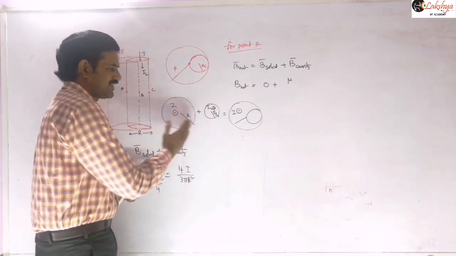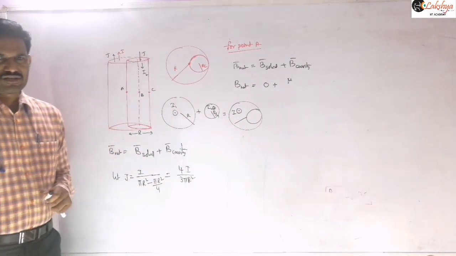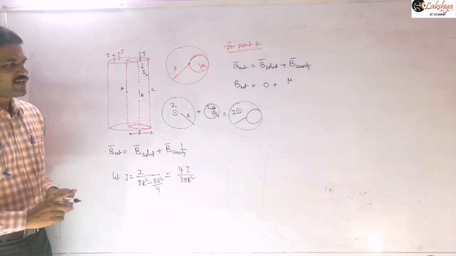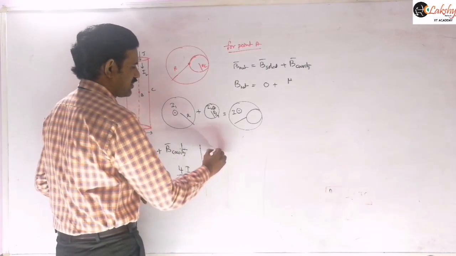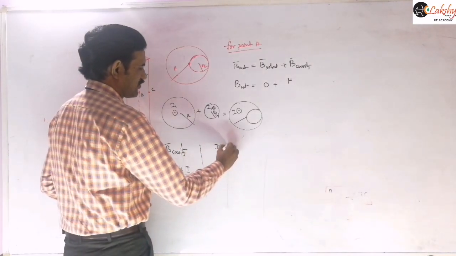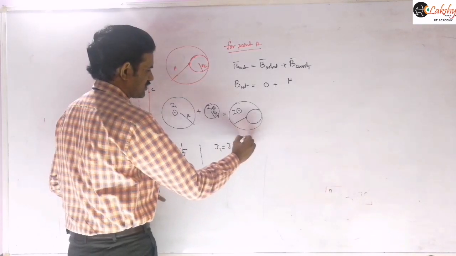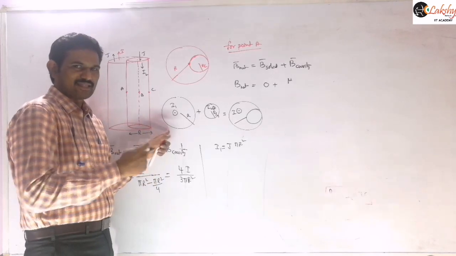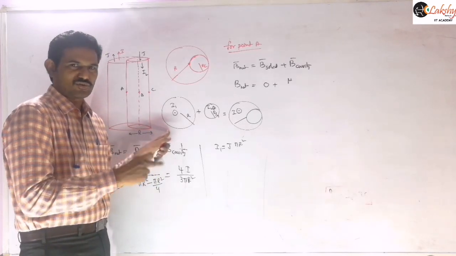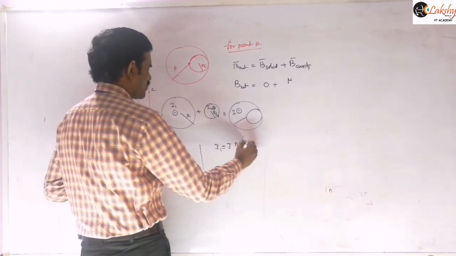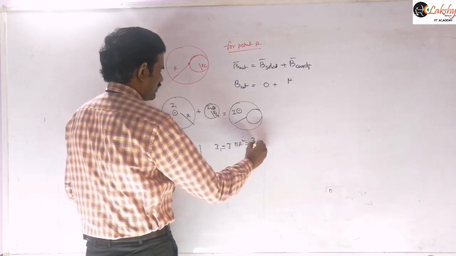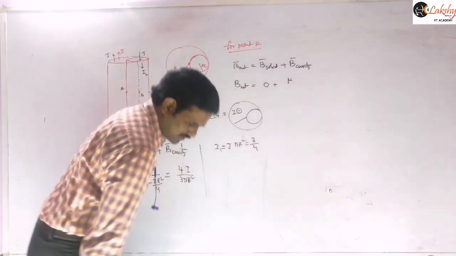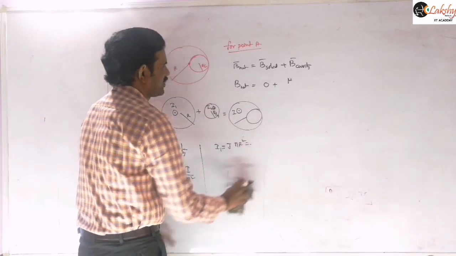This is the assumption we are taking for I1 and I2. I1 is equal to J into pi r square, because I1 is the current flowing through the whole solid conductor, which you can write as 4 by 3 I.